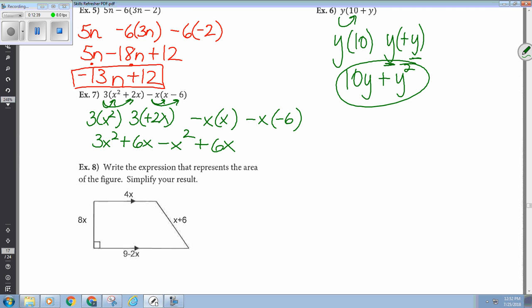So now all that's left for us to do is to combine like terms, which we have 2 sets in this problem. 3x squared can be put together with negative x squared, and then 6x plus 6x.